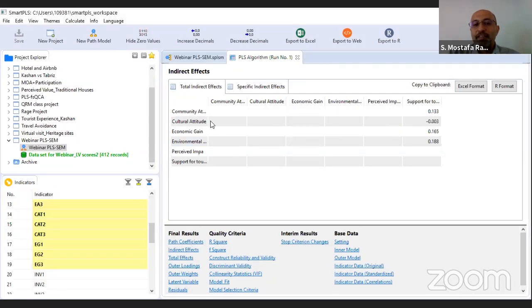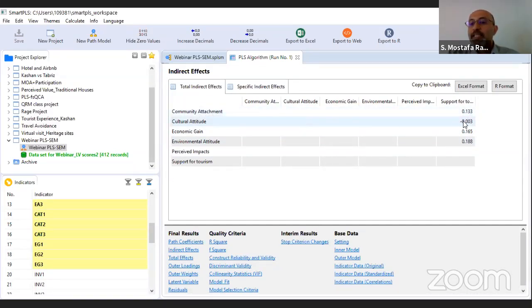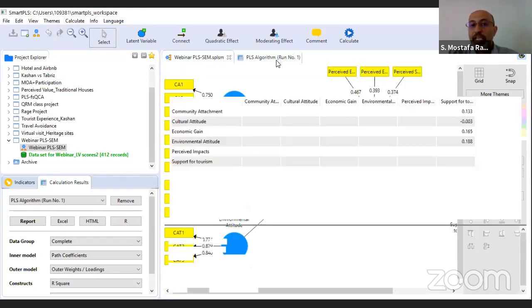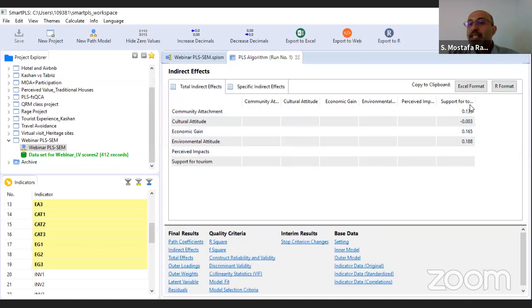If you click on indirect effect, here you can see the indirect effect of community attachment to support. Because actually here we don't have any direct relationship between these four: community attachment, economic gain, environmental attitude, and cultural attitude on support. You only have indirect effect. So here, what you have is indirect effect, the A-B term, product of coefficient term.